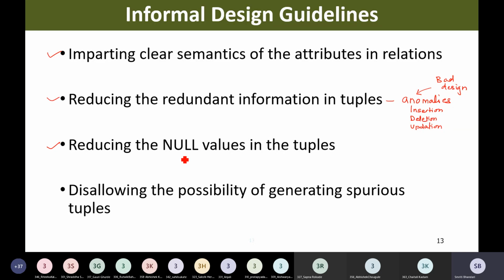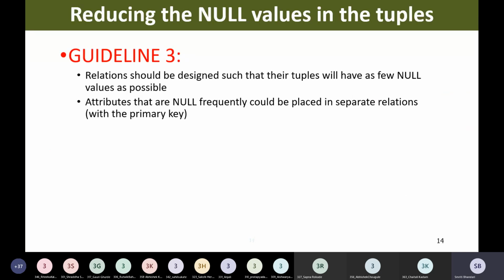The third guideline that we are going to discuss now is reducing the null values in the tuples. Guideline number 3 says that relations should be designed such that their tuples will have as few null values as possible. So if we are designing a database, then we should take care that the attribute values are not nulls.